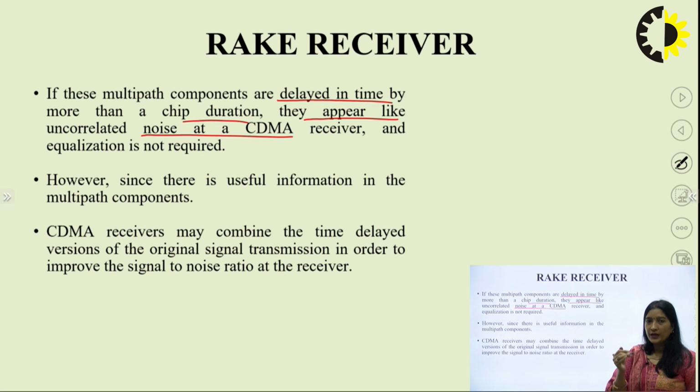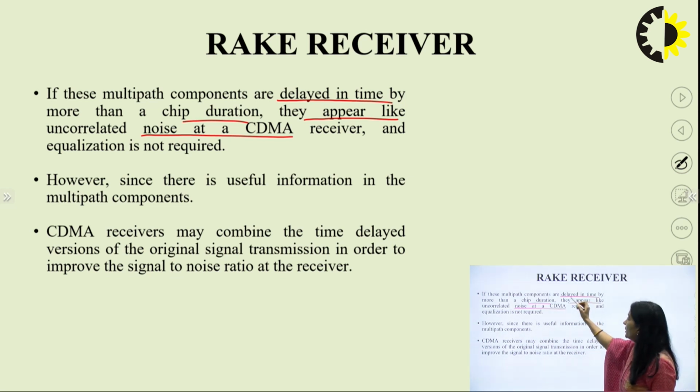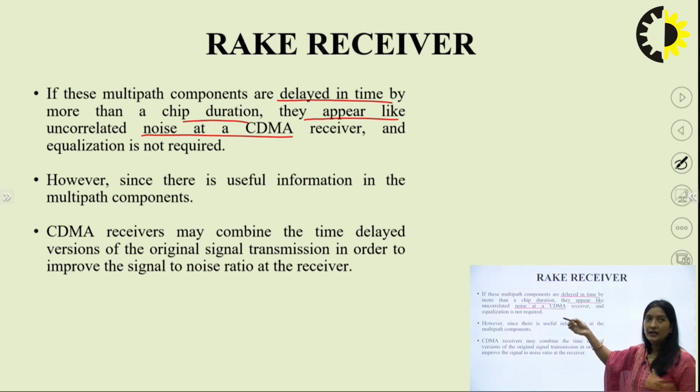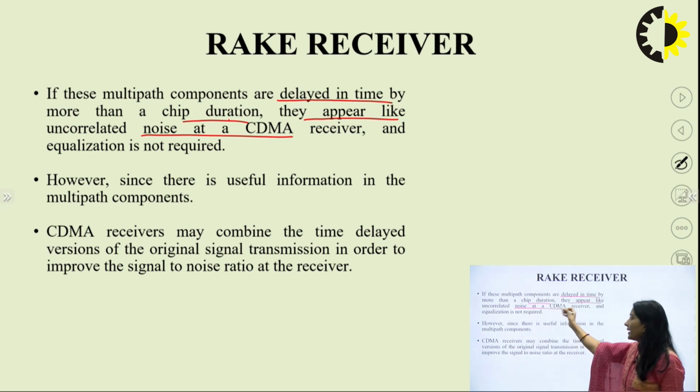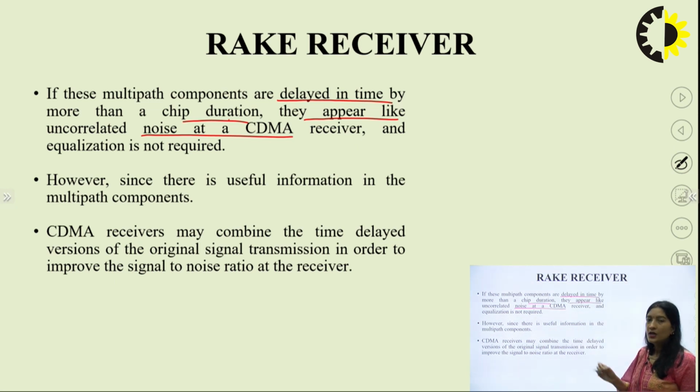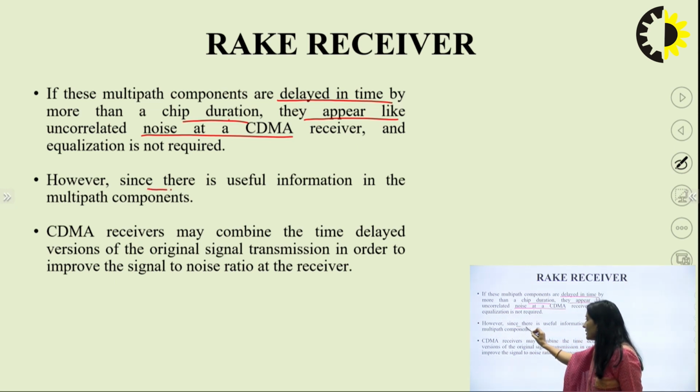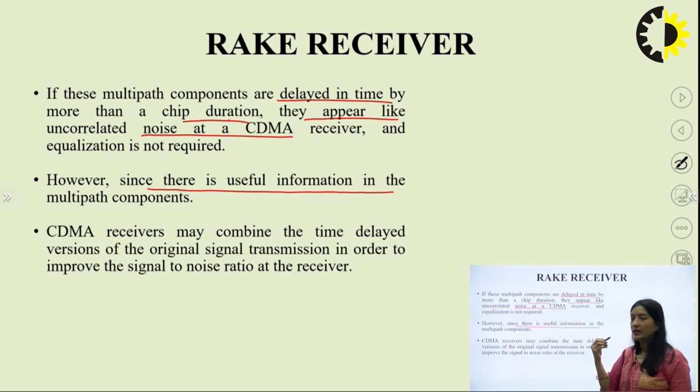So, sometimes there can be some useful information present in the multipath components. We cannot just nullify those components; we have to extract the information from them.